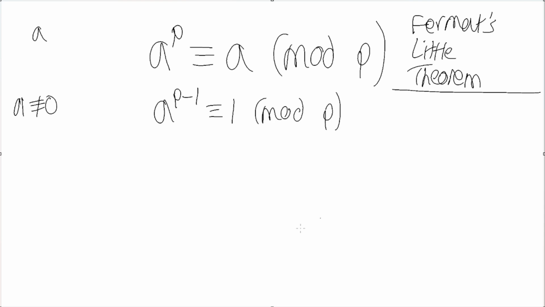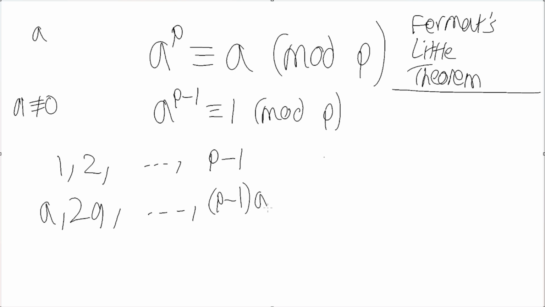Okay, so now here's where the random part begins. So consider the numbers 1, 2, all the way to p minus 1. What happens if we multiply all of these numbers by a? Well, if we're working in the normal integers, then this is just a, 2a, all the way to (p minus 1)a, and that's the end of the story.